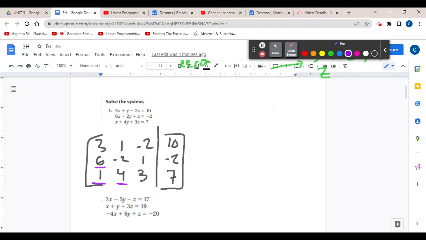We're going to do elimination the same way we did before. It's actually easier doing it with a matrix like this, so we don't have to worry about the variables and all that other stuff. We want to work the second row first, and then go to the third row.